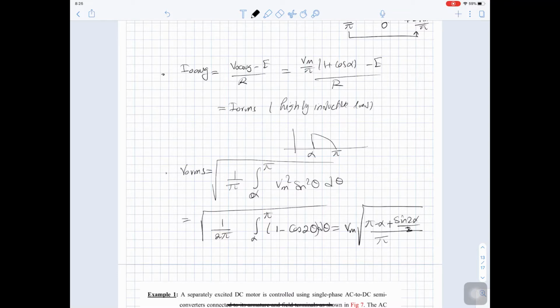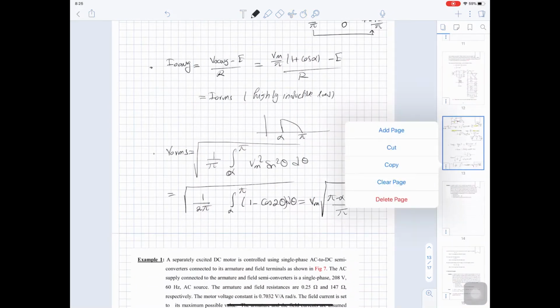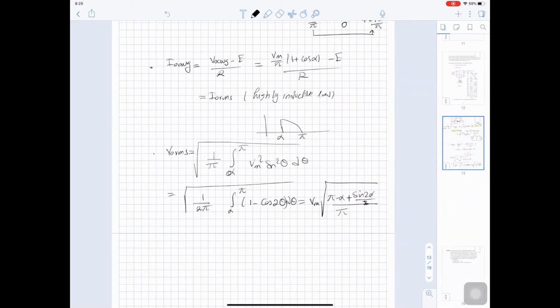So you can see here that the RMS is also controlled, not like the RMS for the fully controlled, which was V max over root 2, and it was uncontrolled.